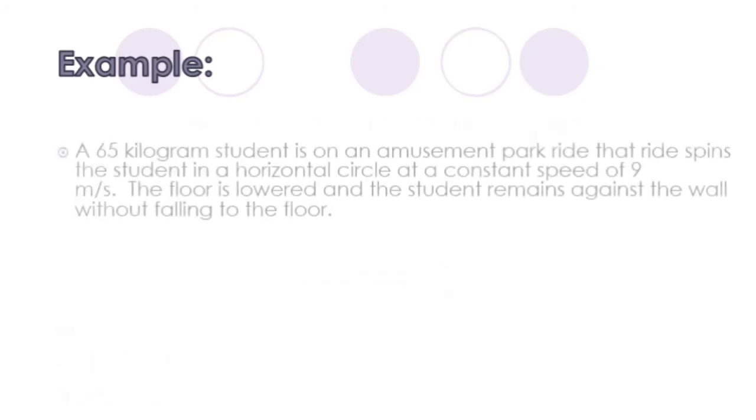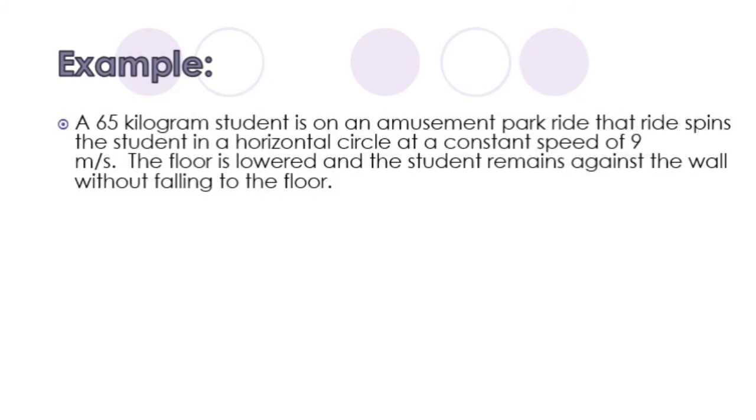Here's another example. A 65 kilogram student is on an amusement park ride. That ride spins the student in a horizontal circle at a constant speed of 9 meters per second. The floor is lowered and the student remains against the wall without falling to the floor.